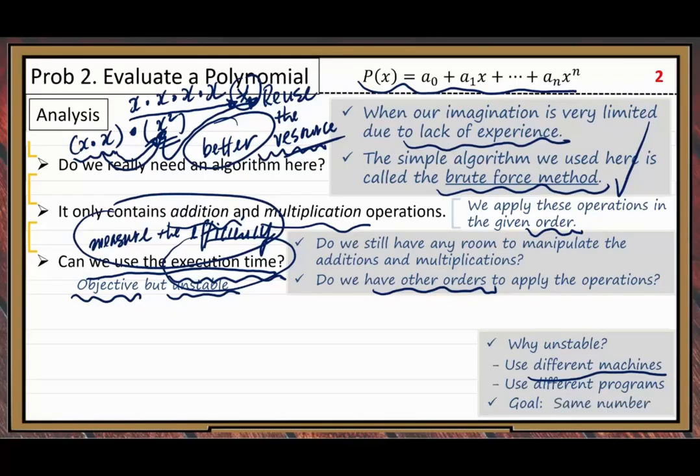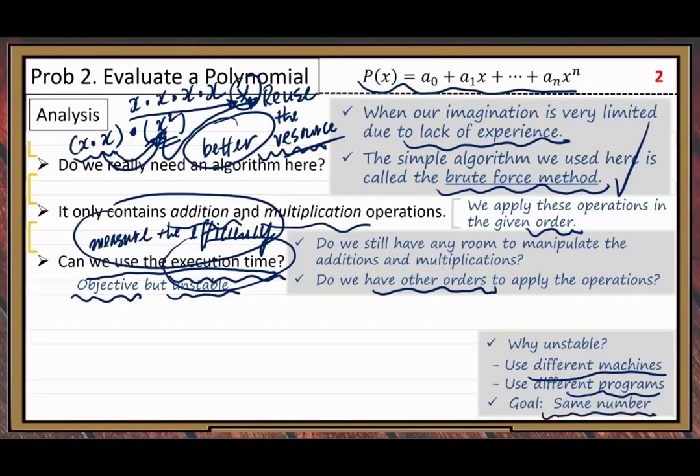So, we want to find a stable measure. The stable measure means no matter what kind of machines you use, powerful, slower, no matter your implementation details, the measure should be this.